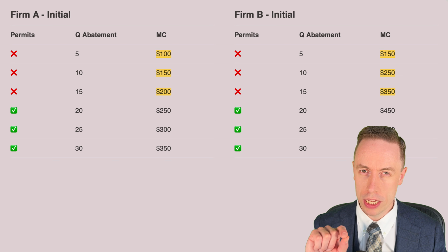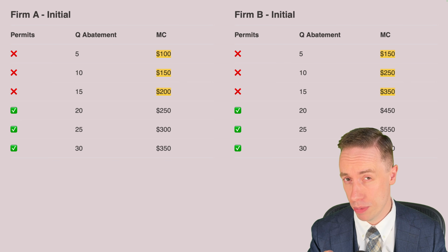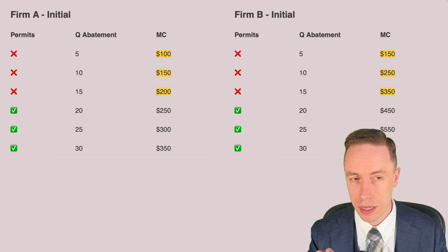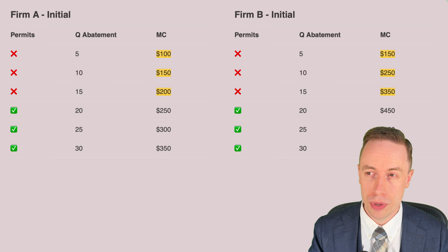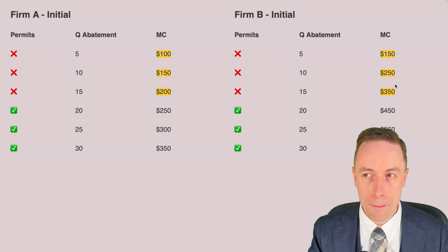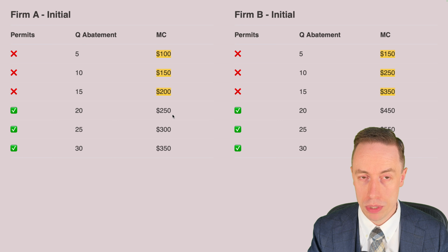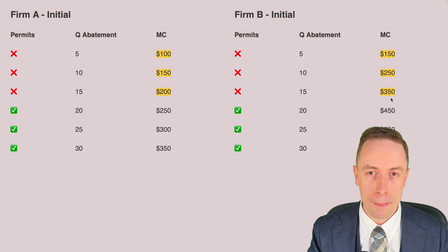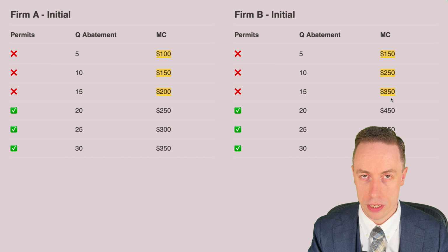So I'm actually willing to spend money on some permits, because if I can get permits at less than $350, buying the permits would be cheaper than reducing that pollution. So firm A here, they make money if they sell permits for more than $250. Firm B over here, they make money if they buy permits for less than $350.